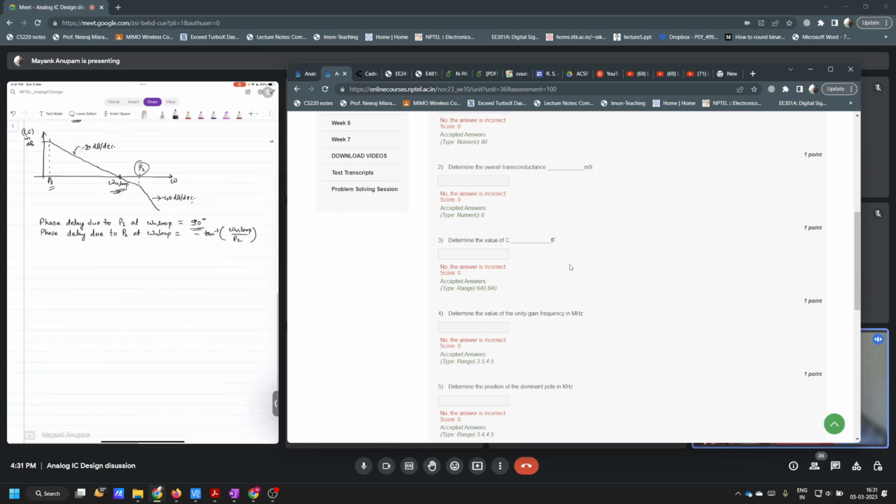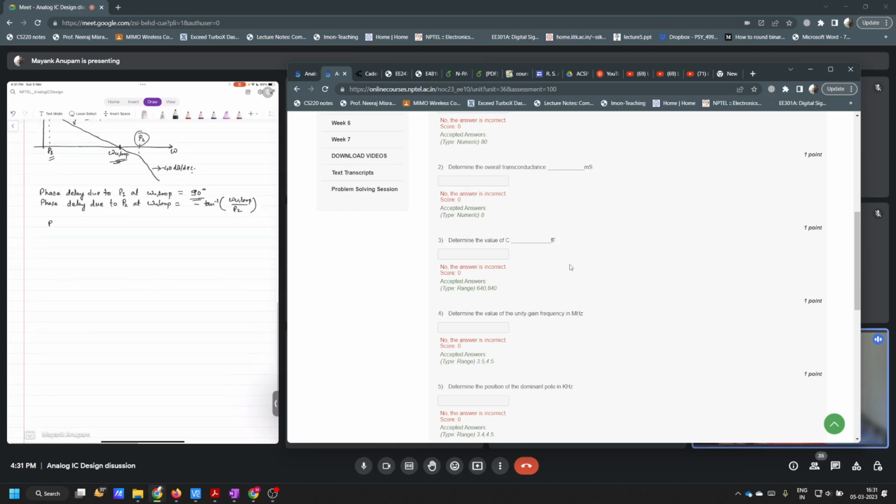Now phase margin is equal to what? 60 degrees, and that is equal to 180 degrees minus, minus or plus? Plus.